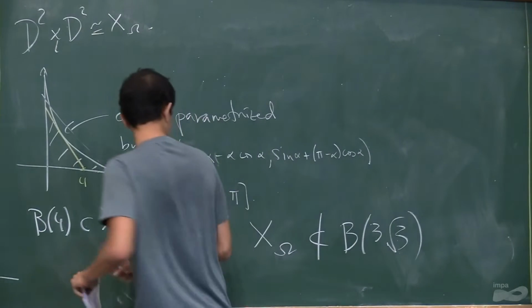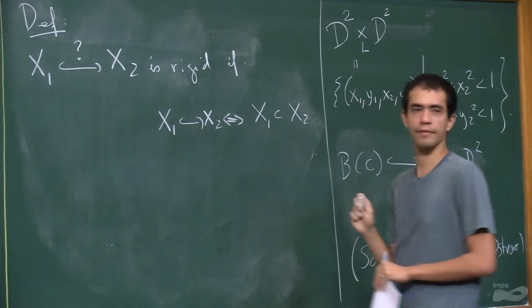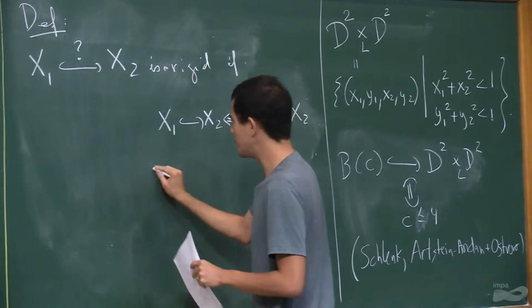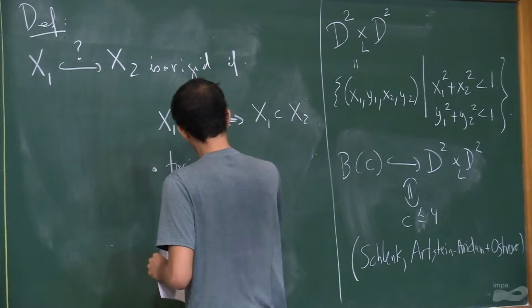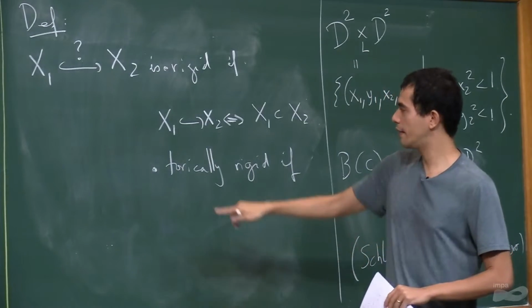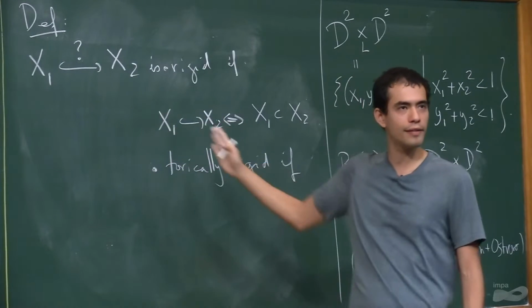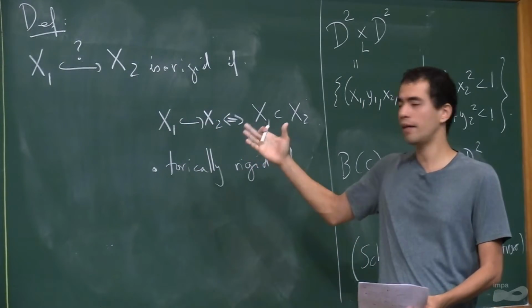So I'm going to make a definition, which is the following. A symplectic embedding problem is rigid if the embedding exists if and only if there is an inclusion. And I'm going to say it's torically rigid if these two domains are symplectomorphic to standard toric domains like these, where in the toric domains it's rigid.